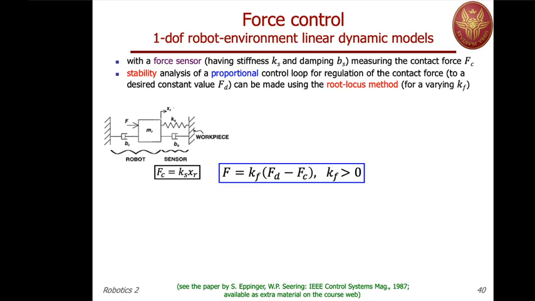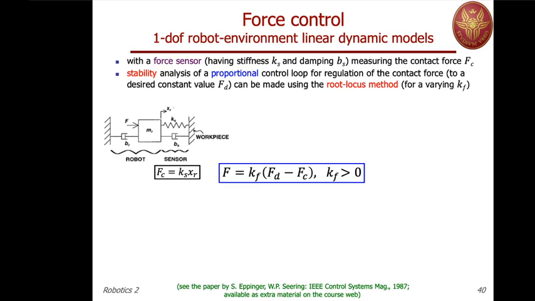In particular, if you increase the gain Kf and you look at the closed loop dynamics under this force control law, you will see that you will always have asymptotically stable behavior. This analysis can be done analytically on the transfer function. These systems are described by linear equations, so for the linear dynamic model you can use the Laplace transform and move into the Laplace domain with the transfer function.